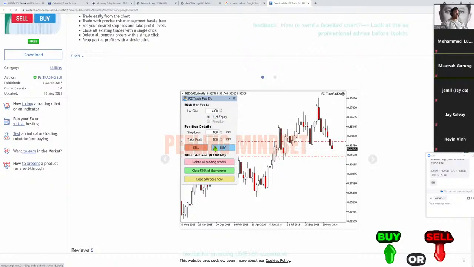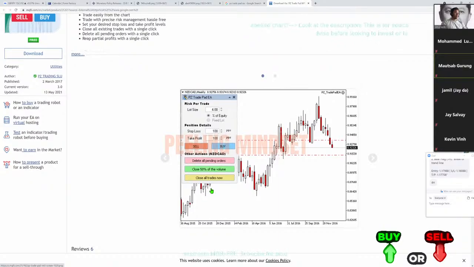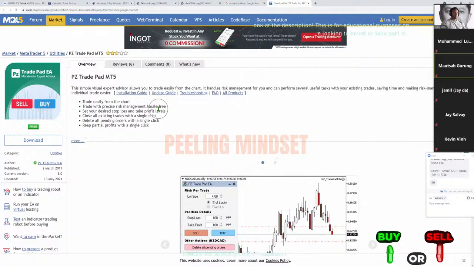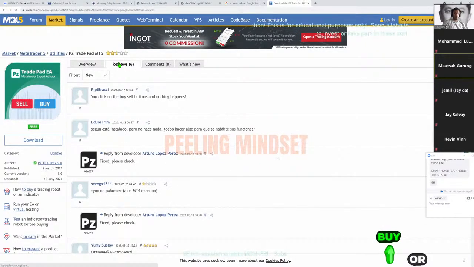Interesting. I'm going to look at this. Oh no, on the review it says you click on the buy sell button and nothing happens.